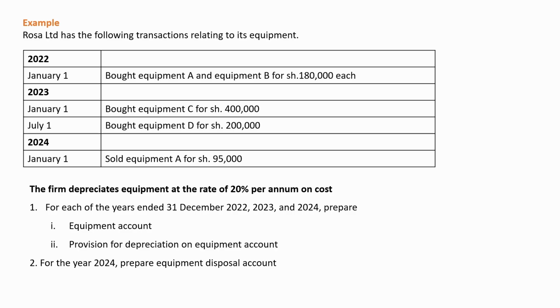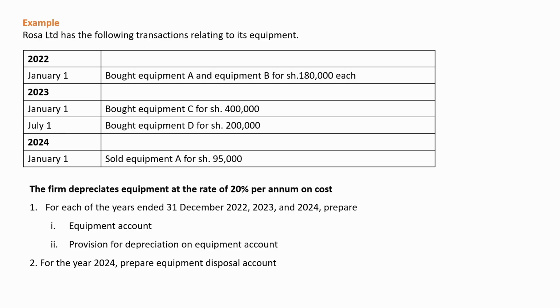One thing I would like you to note here is something to do with the dates. Dates are very important. You are given the date of purchase here. You are given the date of disposal here. So look at the one for 2023, July 1st.